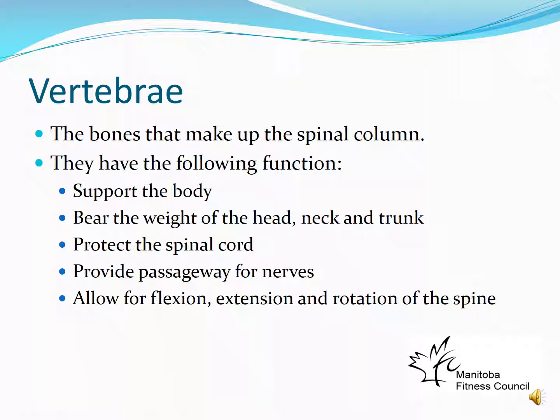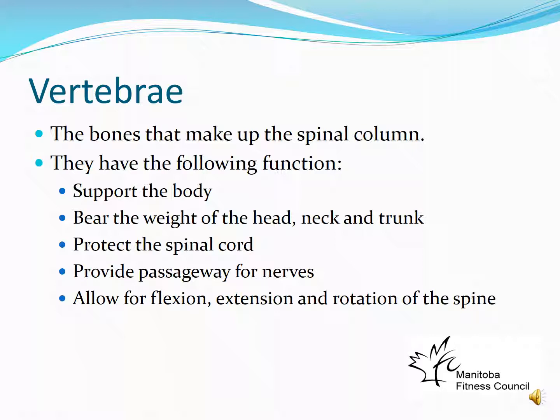So let's start talking about some of these different bones. I want to mention the vertebra. These are the bones that make up your spinal column. They have the following function. They will support the body. So in that last picture, you'll recollect that there was sort of a round circle part. We were actually looking down on one of our vertebrae. And those will all stack together with intervertebral discs in between.